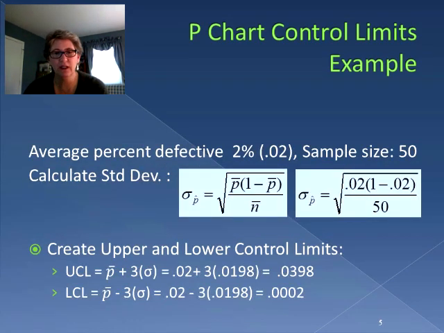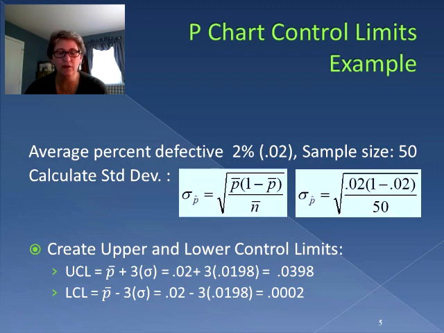The first thing we need to do is calculate that standard deviation of P. We know that the average percent defective is 2%, which is 0.02, and our sample size was given as 50. So we make those substitutions. P bar is 0.02 and N is 50, and we can calculate the standard deviation for the percent defective.